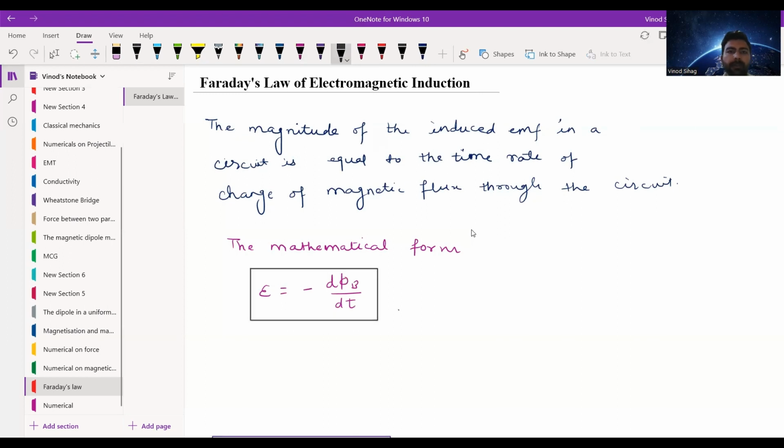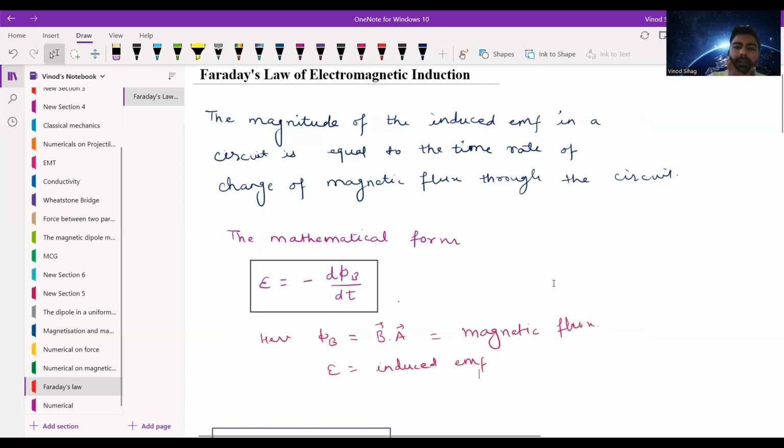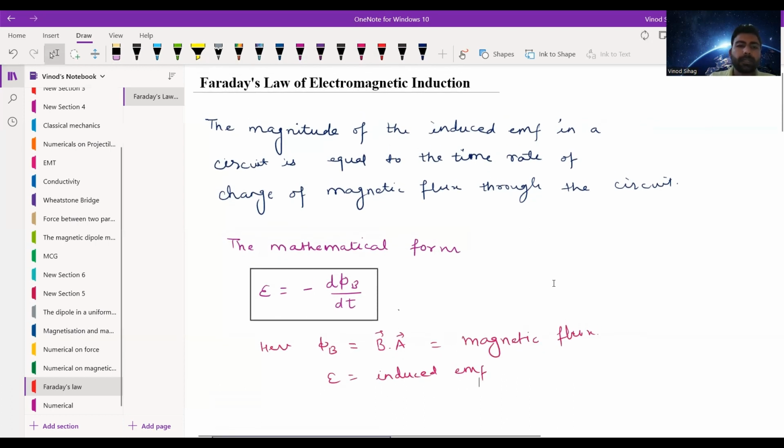Here, what is phi B? Phi B is B vector dot A vector, or we can say the magnetic flux. And E is the induced EMF.